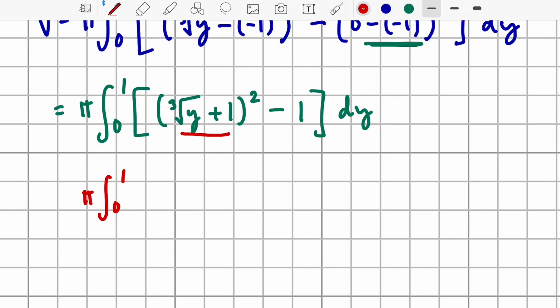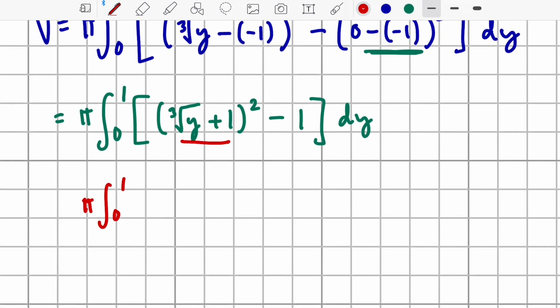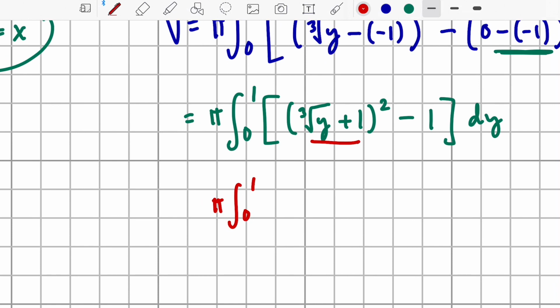So before I actually expand, let's think of cube root of y as the same as y to the 1/3 power.